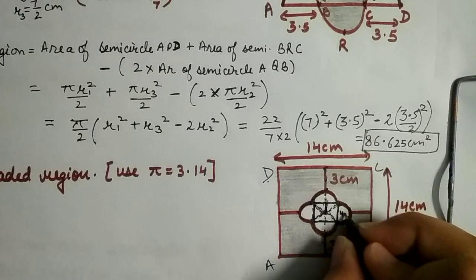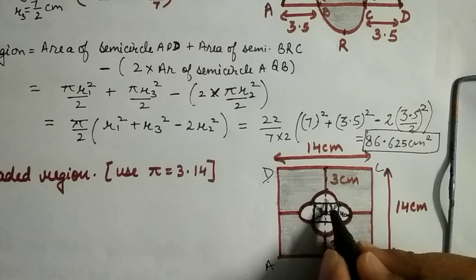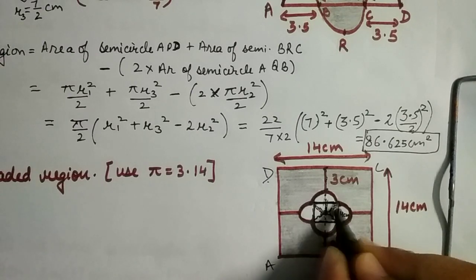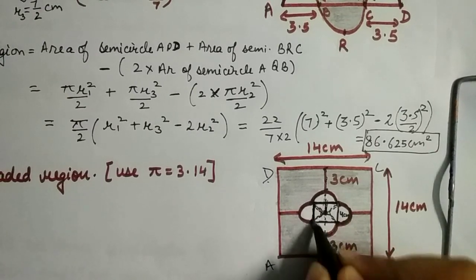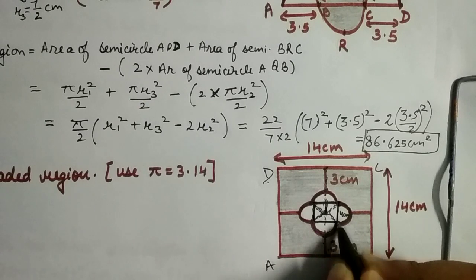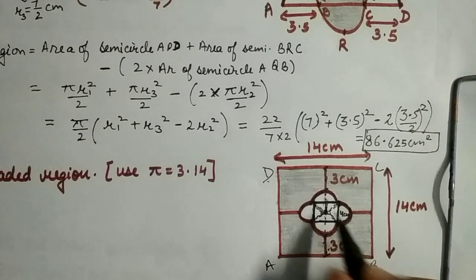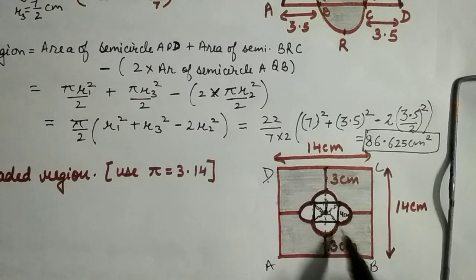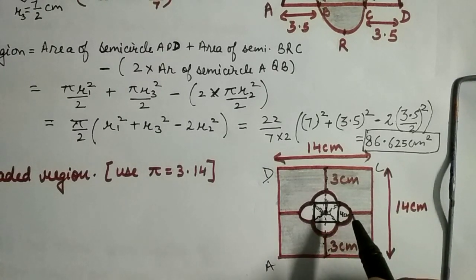Okay, because the diameter of each of the circle is 4 centimeter, and so this is 4 centimeter, this is 4 centimeter, this is 4 centimeter, and this is 4 centimeter. So this is a square and these 4 are the semicircles. Okay, having a diameter of 4 centimeter.